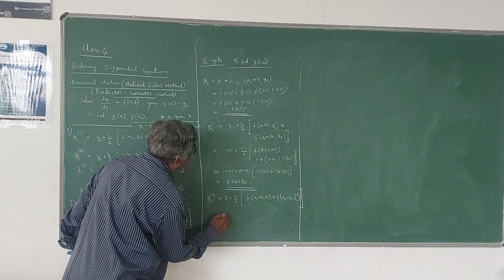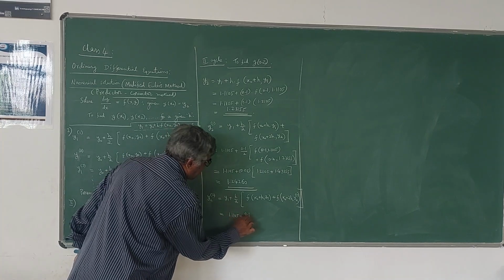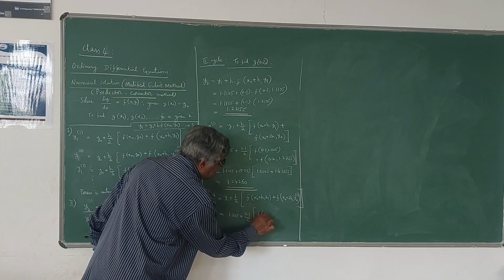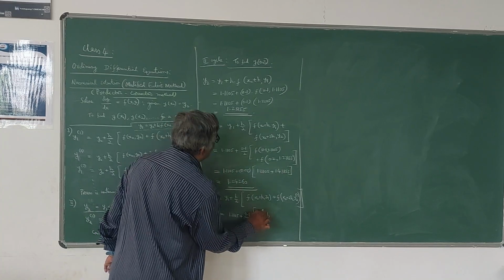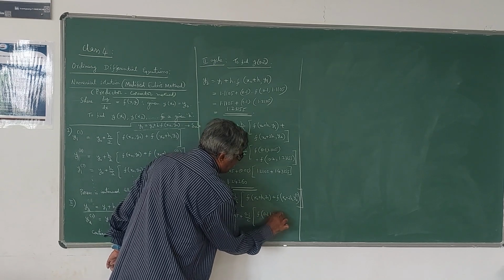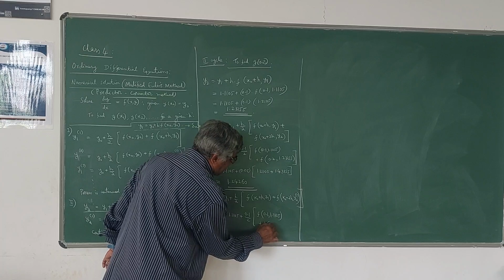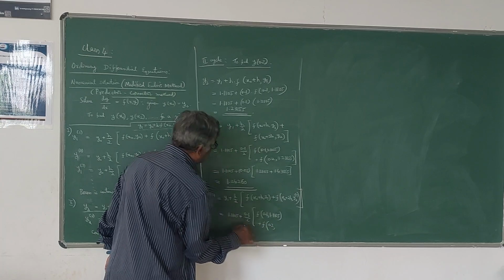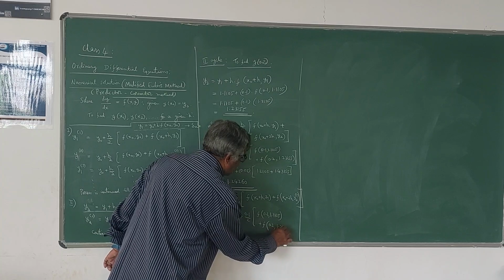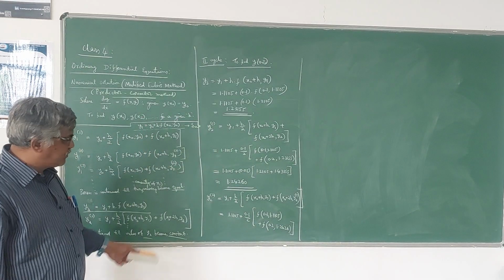So y1 is 1.1105 plus 0.1 into f of x naught plus h, which is 0.1, and y1 is 1.1105, plus the function of x naught plus 2h, which is 0.2, comma y2 of 1, this value 1.2426. Okay. Now simplify this.